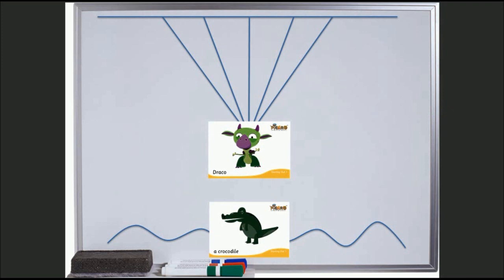It's quite exciting for the little children to see these ropes disappear, and the final question might go wrong and the last rope disappears, which may be slightly worrying for some children, but of course we have to remember, you may be able to see here that Draco is a dragon. He actually has wings, so there's no need to worry. Draco can actually just fly away, and the crocodile will go home hungry.